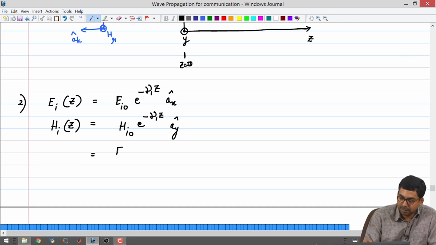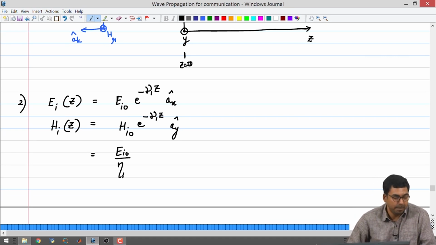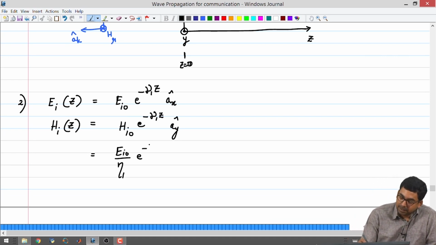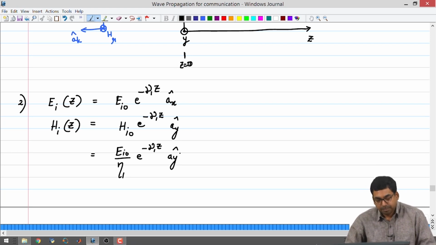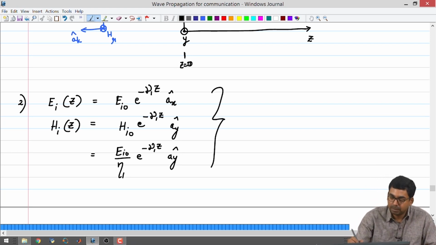So, you can always write this down as Ei naught divided by the intrinsic or characteristic impedance of medium 1, which is represented by eta 1, e to the minus gamma 1 z, Ay hat. So, this is how one would write down the incident fields.